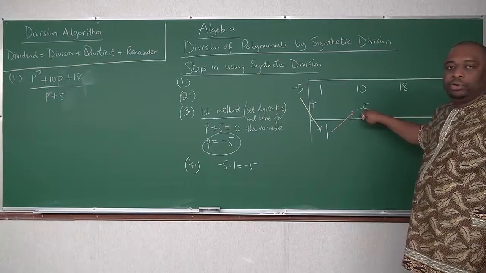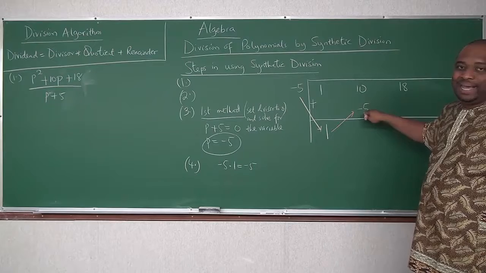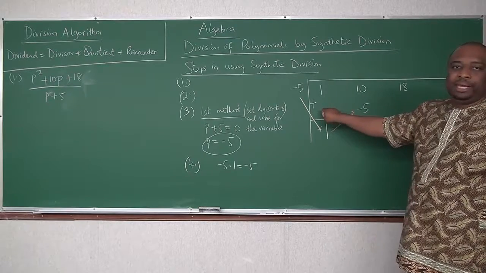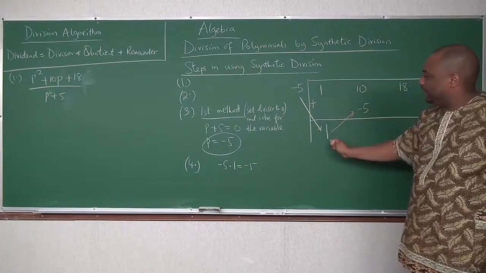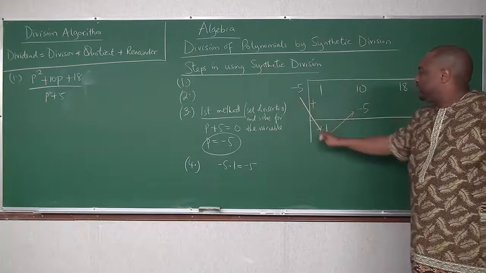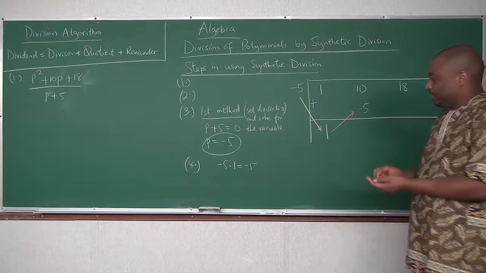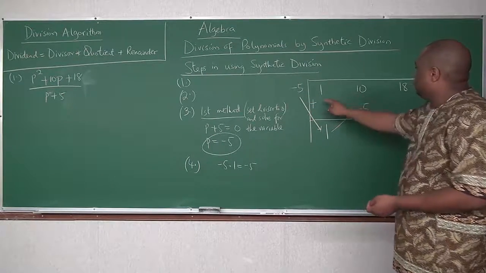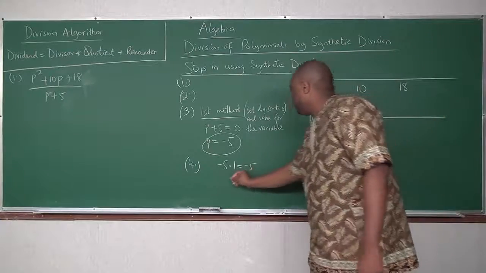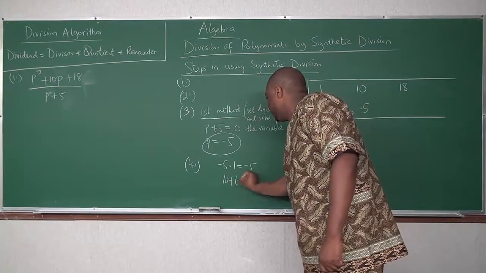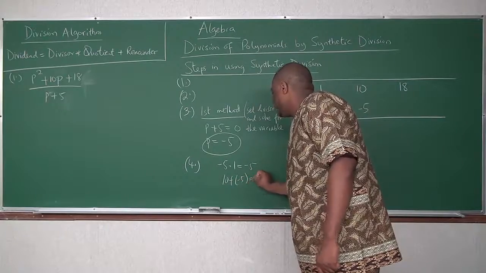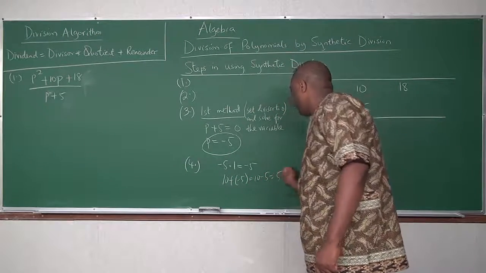You put the -5 right under 10. You don't put anything under 1, you just bring down 1. Then the next thing you do is 10 plus -5, which is 10 minus 5, and that is 5.